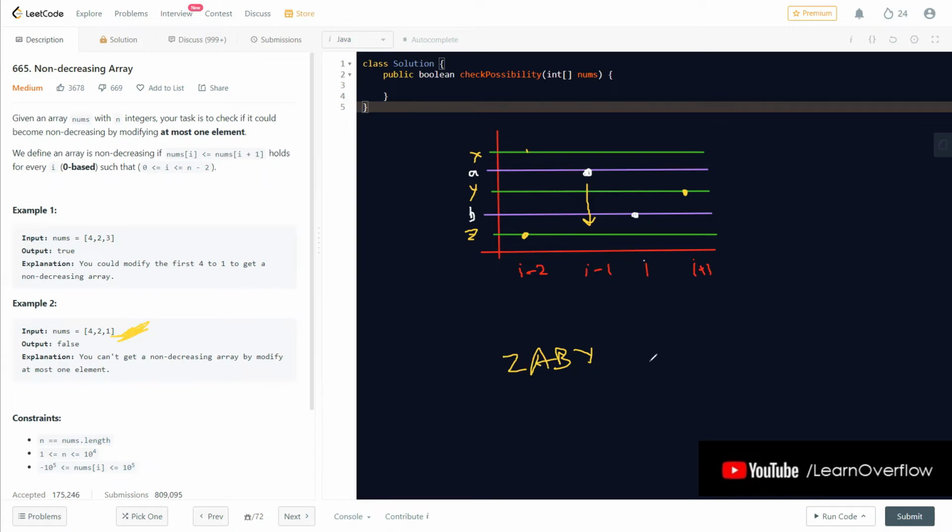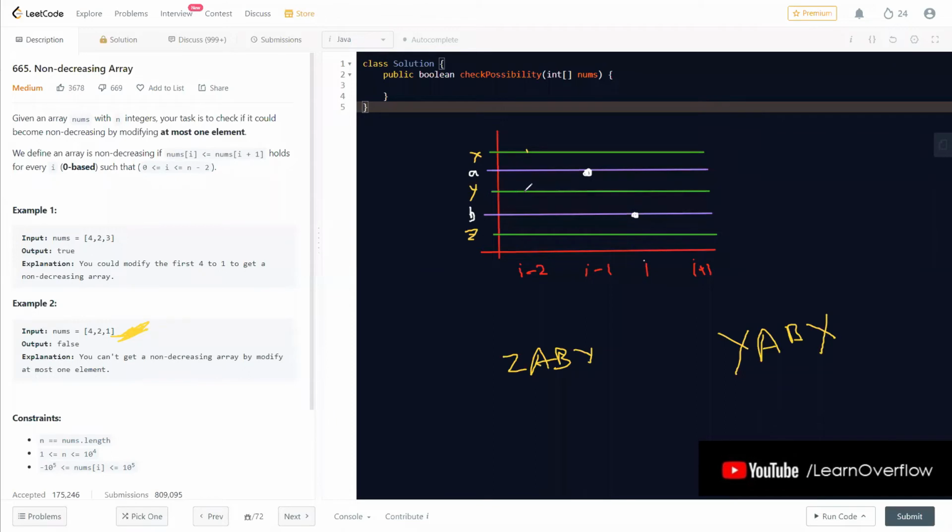Also in the other case, if we have a value that starts with Y, then goes ahead with A, then goes ahead with B, and then moves up to something like X. I'll just draw this in a graph. So if it does something like this, then see what happens exactly.